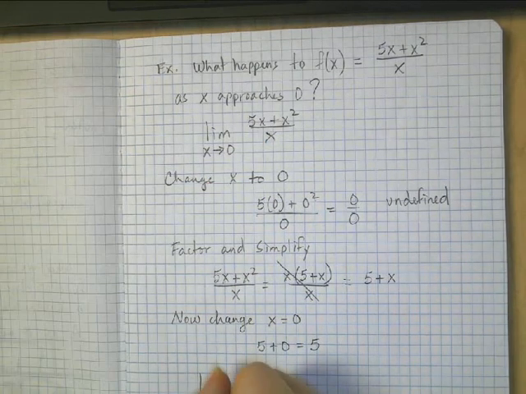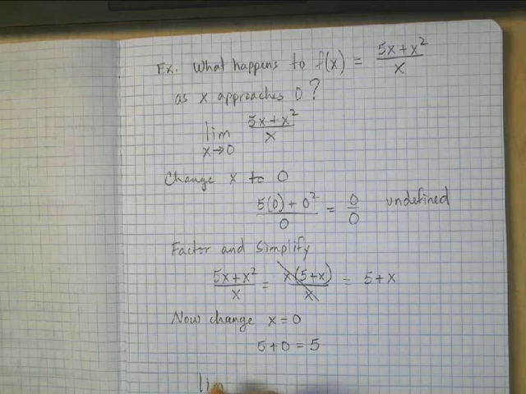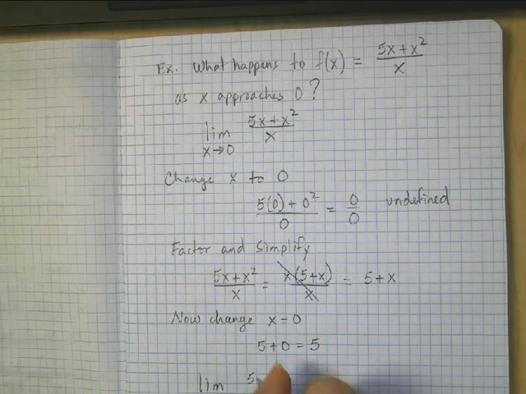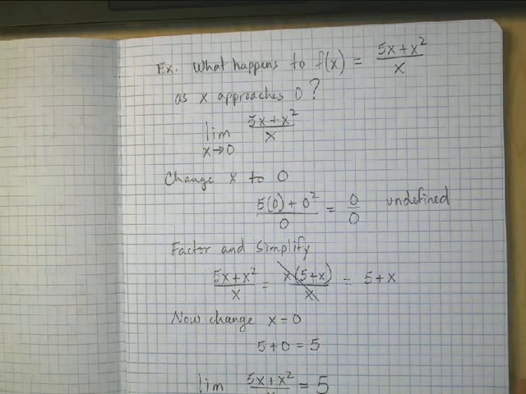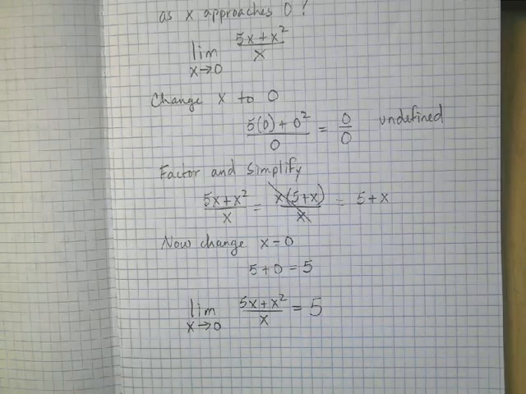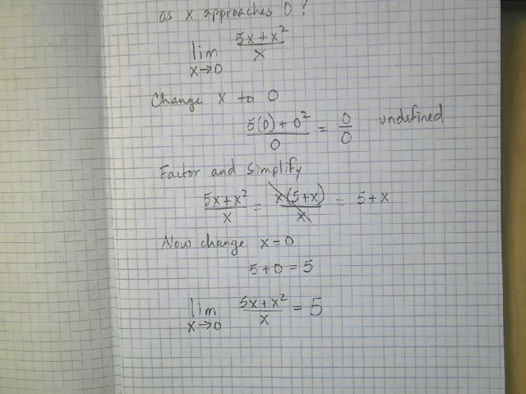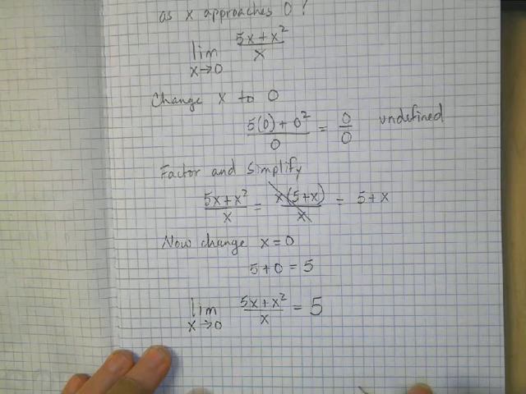So my limit as x approaches 0 of 5x plus x squared over x, what does it get really close to? It approaches the number 5. And there it is. That's my answer. And that's what we're going to be practicing in class tomorrow. Pretty simple. That's it.